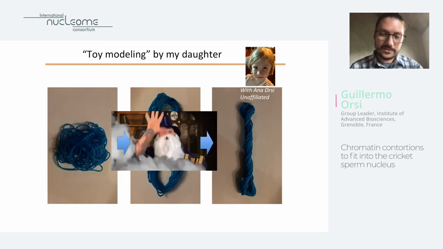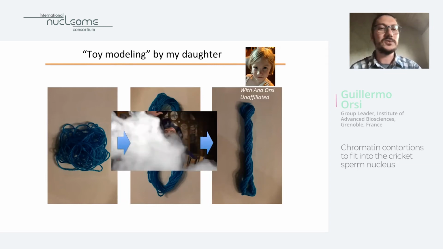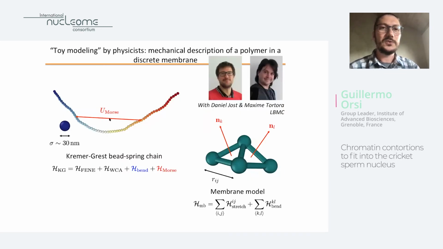And so to try to get an insight into how this works, we turned to people who know physics. So this is Daniel and Maxime at our lab at the LBMC, who implemented a polymer model to try to describe the movements of chromatin in this developing cell. The polymer model is, they tell me, relatively simple. It's just a string of beads, which are more or less 30 nanometers wide.